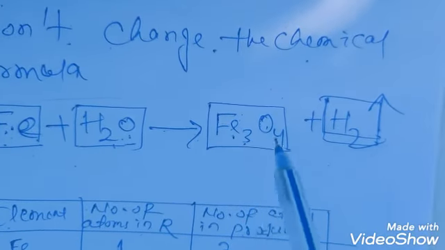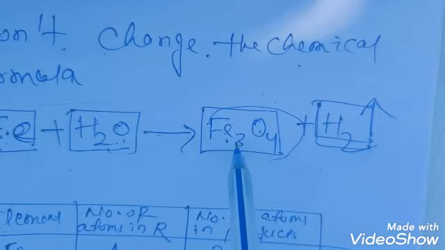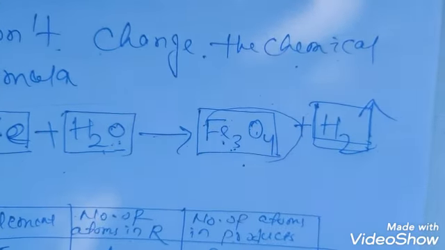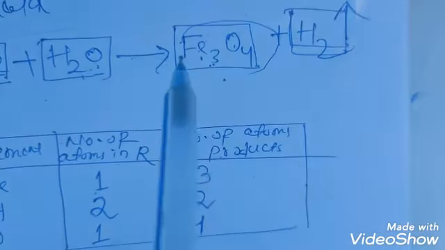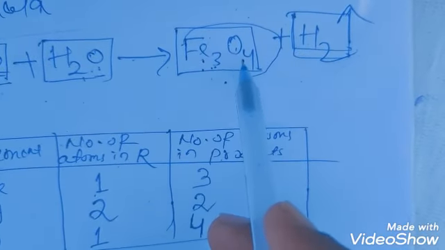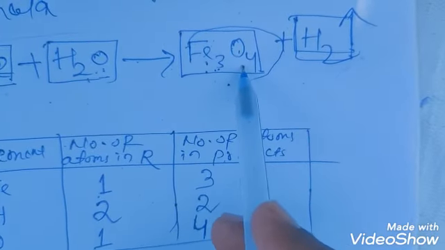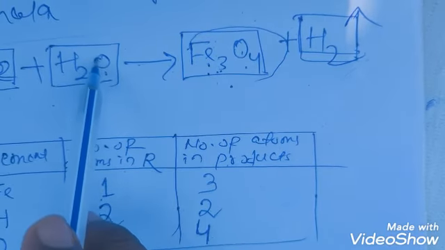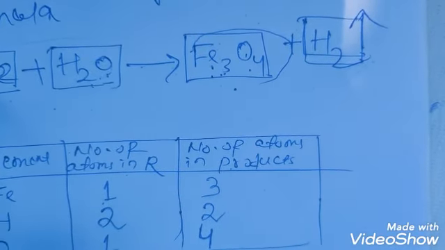We have to choose ferrous ferric oxide, Fe3O4. In Fe3O4 there are 3 ferrum atoms and 4 oxygen atoms, but on the reactant side there is only 1 oxygen atom and also 1 ferrum atom.